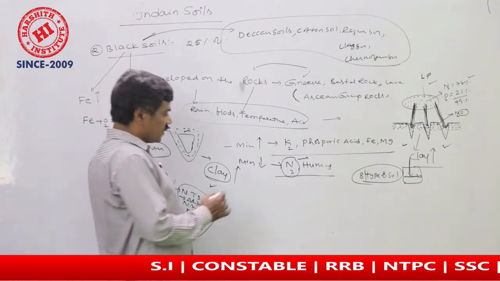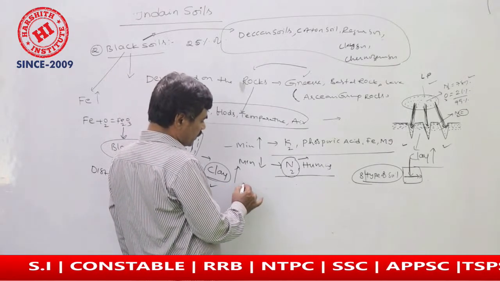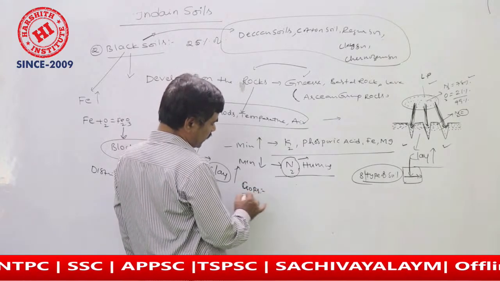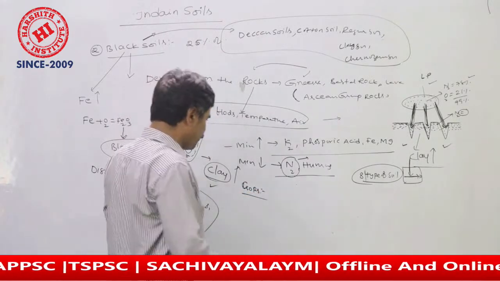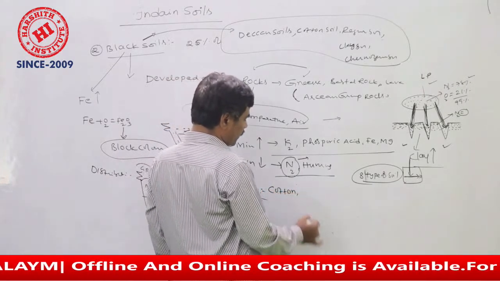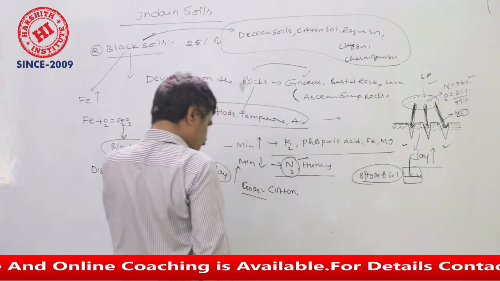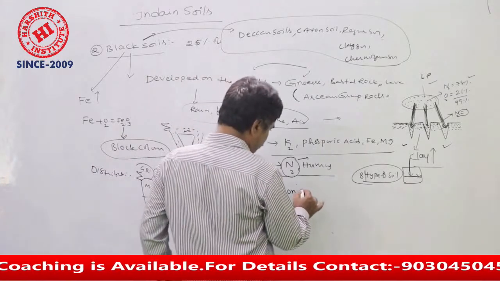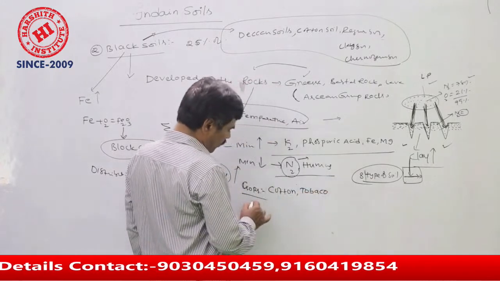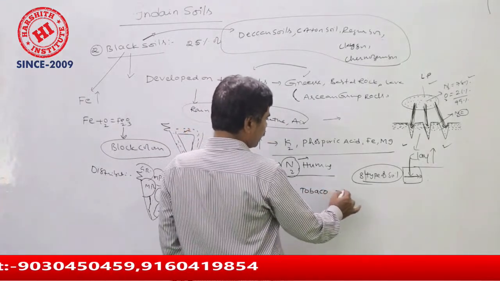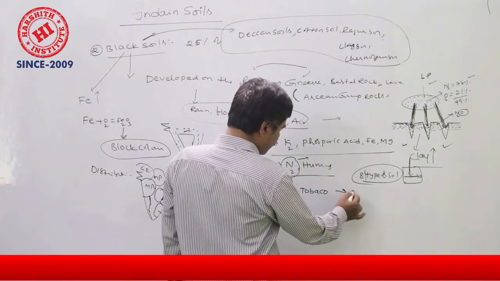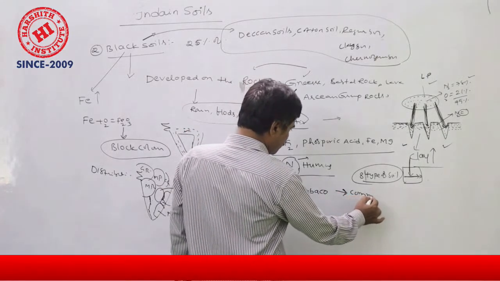So black soil is suitable for which type of crops? Which crops can give the highest production here? Mainly cotton. Cotton is suitable for black soil. So cotton, tobacco. Generally this black soil is mainly suitable for commercial crops.